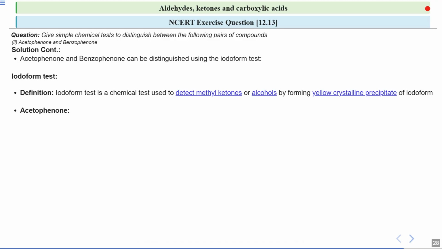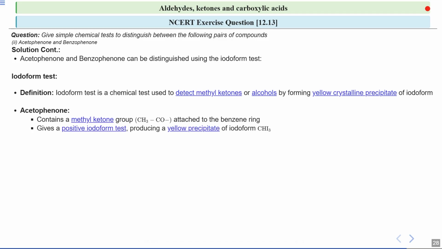If we focus on acetophenone, we will see that it contains this methyl ketone group. There is a carbonyl group, and adjacent to this carbonyl group you have a methyl group. So it contains a methyl ketone, and because of this it will give a positive iodoform test. That means it will produce a yellow precipitate of iodoform, which is CHI3.